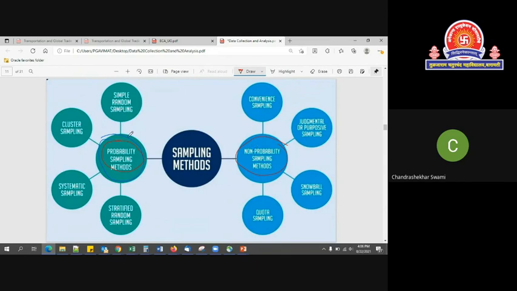In the probability sampling method, in this lecture, I am considering four types: simple random sampling, cluster random sampling, systematic random sampling, and stratified random sampling. In the non-probability sampling method, I am considering convenience sampling, judgmental or purposive sampling, snowball sampling, and quota sampling. These eight types of sampling methods we are going to discuss here.